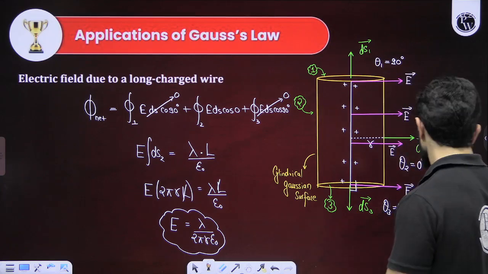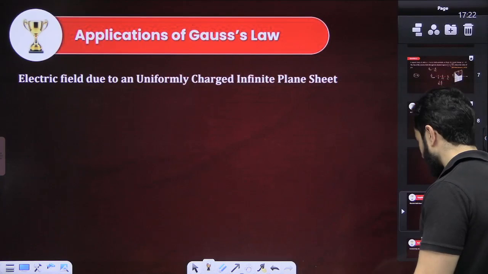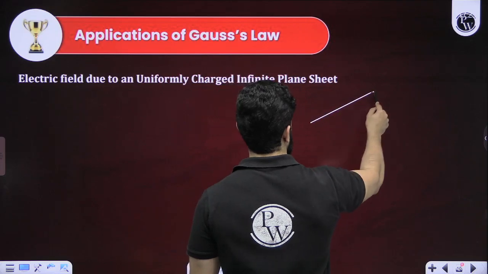This is all clear. Moving on to the next application, which is an infinite plane sheet. So let's suppose you have got an infinite plane sheet.